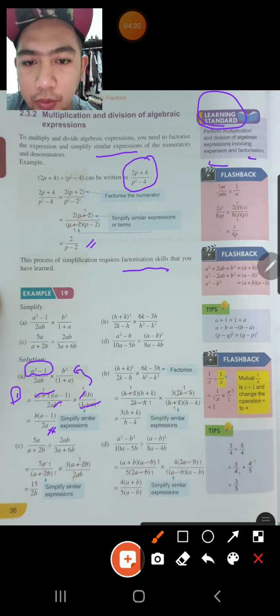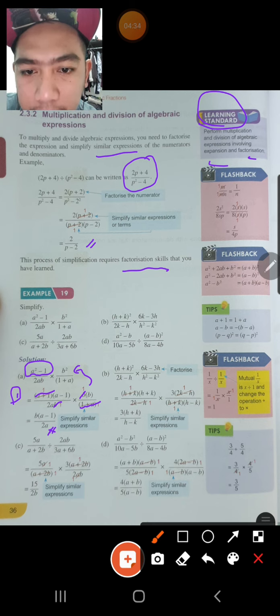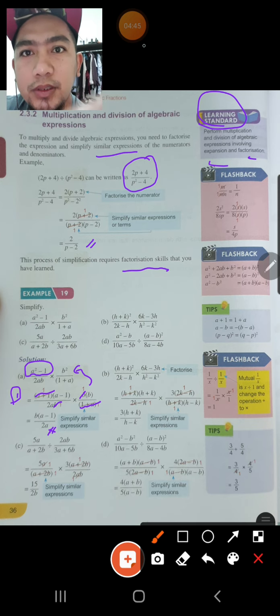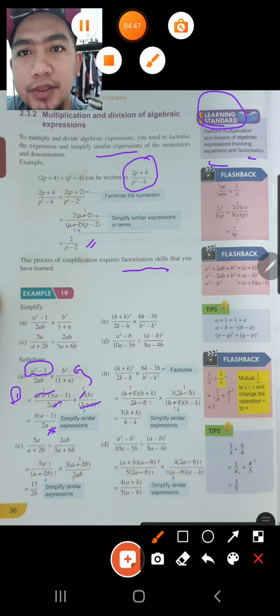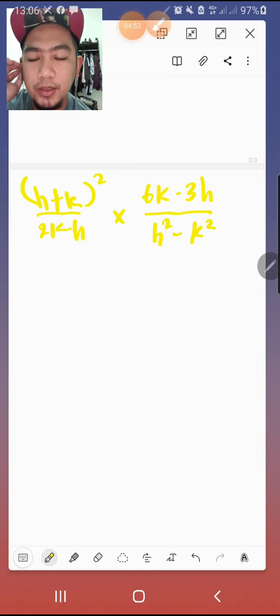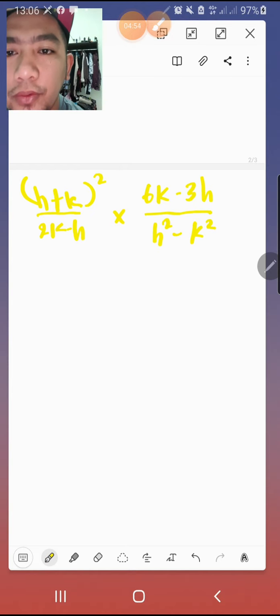Question B: h plus k square over 2k minus h, times 6k minus 3h over h square minus k square. Teacher will do this on the lined page. How to simplify this question? First of all, we need to factorize.